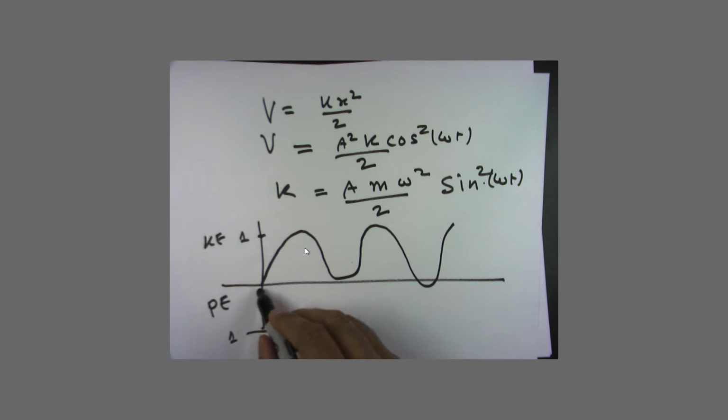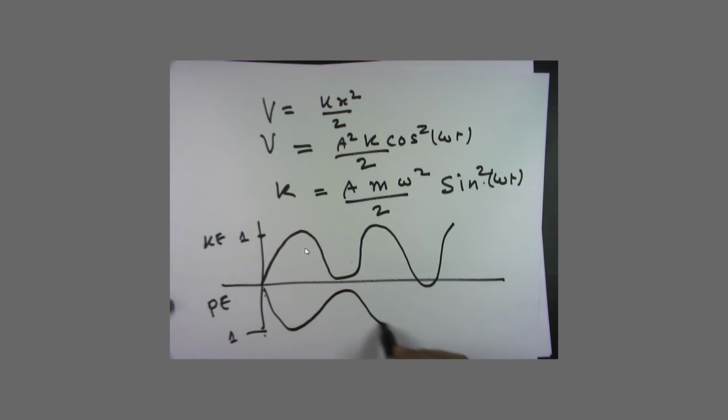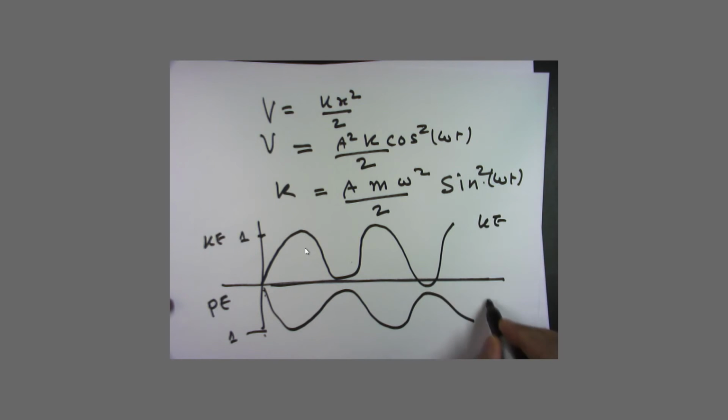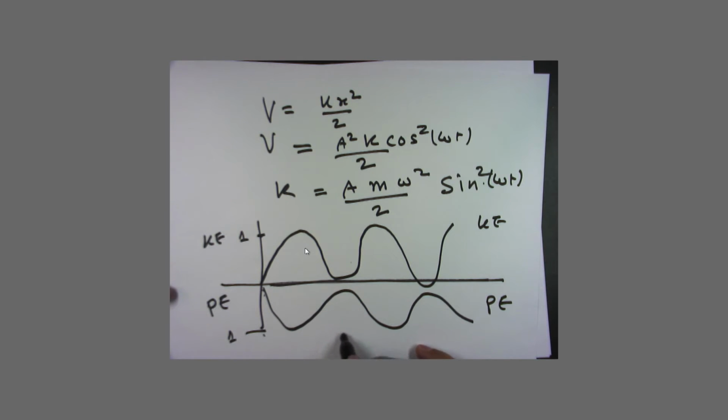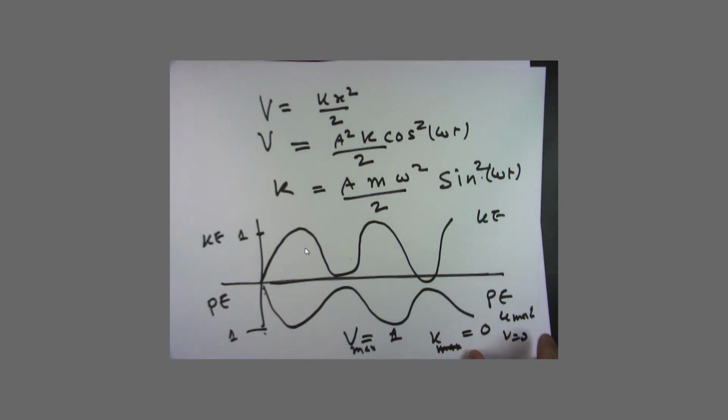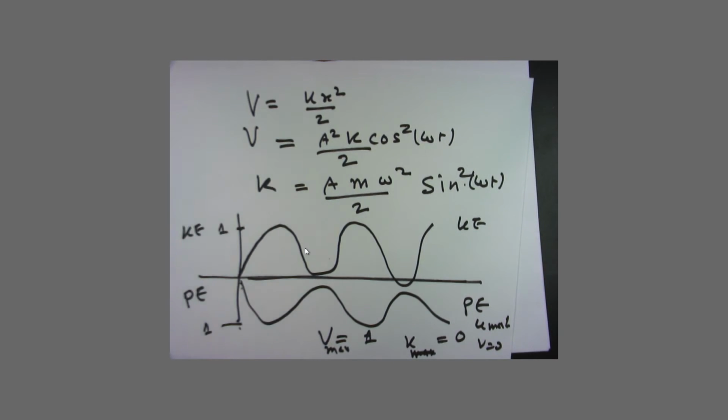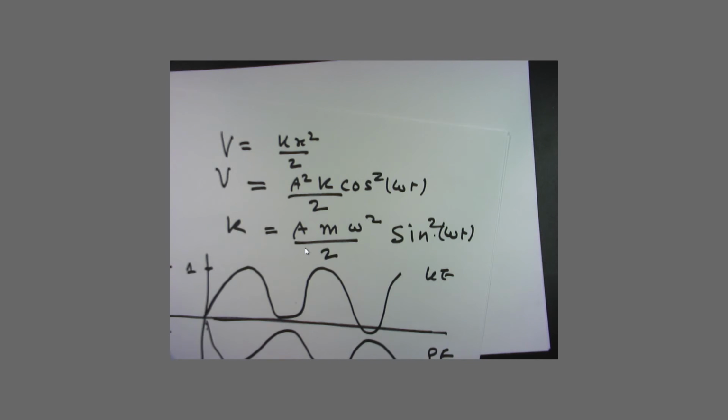So when V is V max, equal to 1, K becomes 0. So it's opposite. When K is maximum, V is equal to 0. So, these are essentially opposing factors, the kinetic and potential energy.